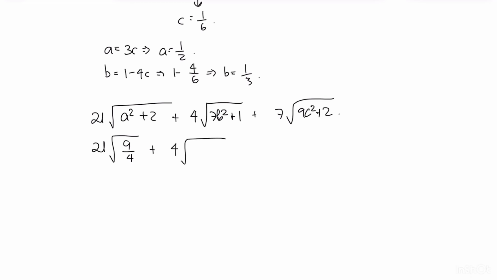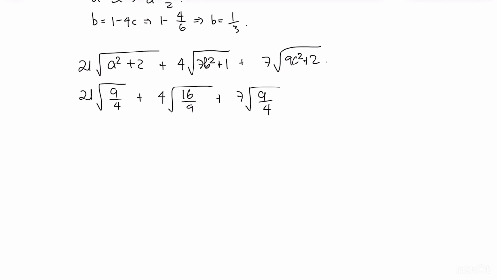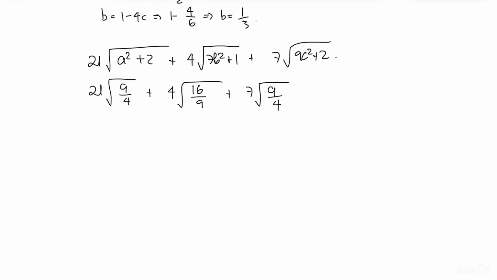So this will become 16/9 plus 7 times the square root of 9/4 also. Now this will be further simplified to 21 times 3/2 plus, so this is going to be 63/2. This is 4/3, so this is 16/3, and this is 3/2, which is 21/2.